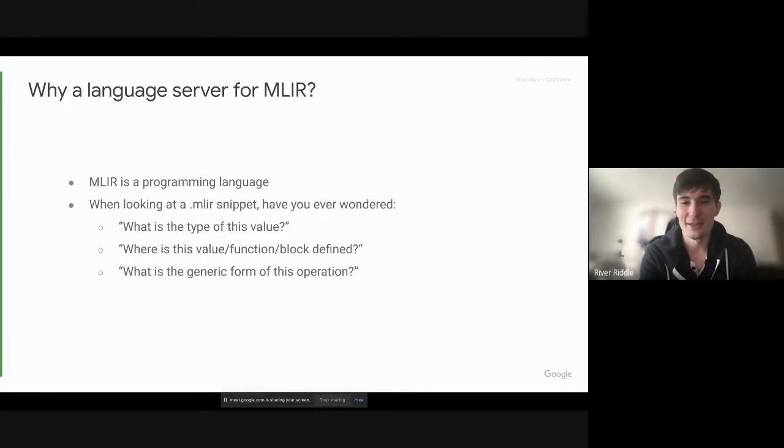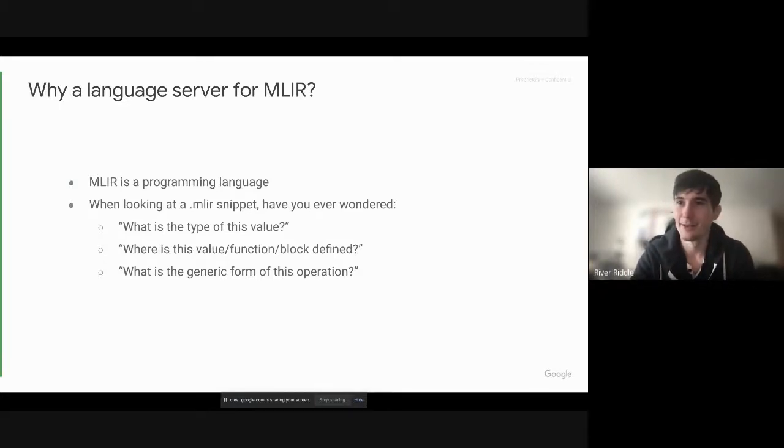But more pragmatically, from a user's perspective of actually interacting with the IR, the justification for me is, if you have ever wondered, okay, I'm looking at this SSA value, what is the type of it? I don't know what the type is. And I think this one is actually more important for us, because MLIR has this amazing quote-unquote feature, which is that you can define your own custom assembly format.